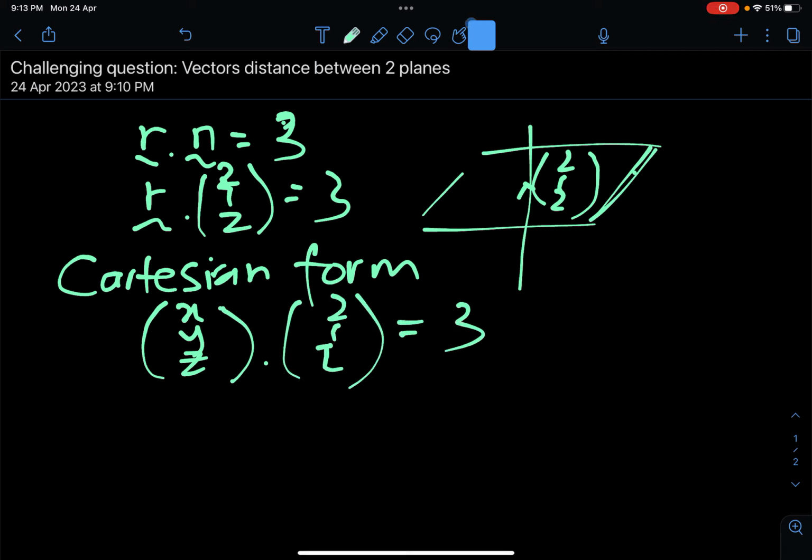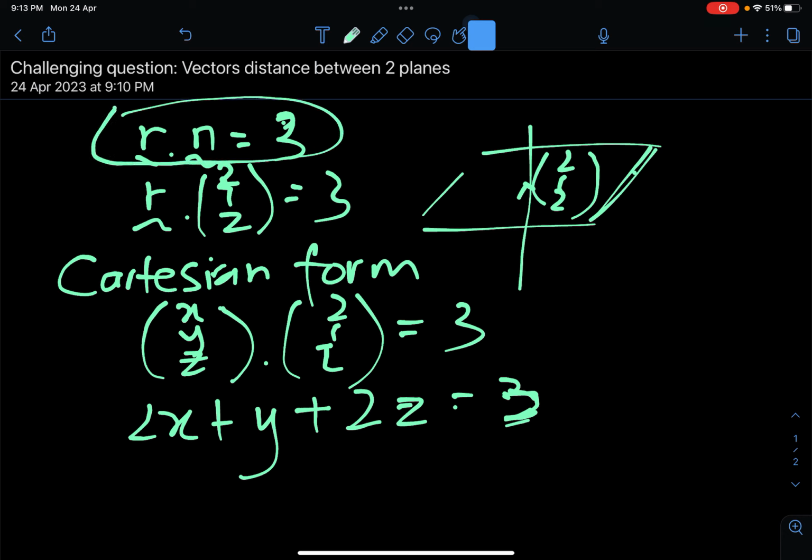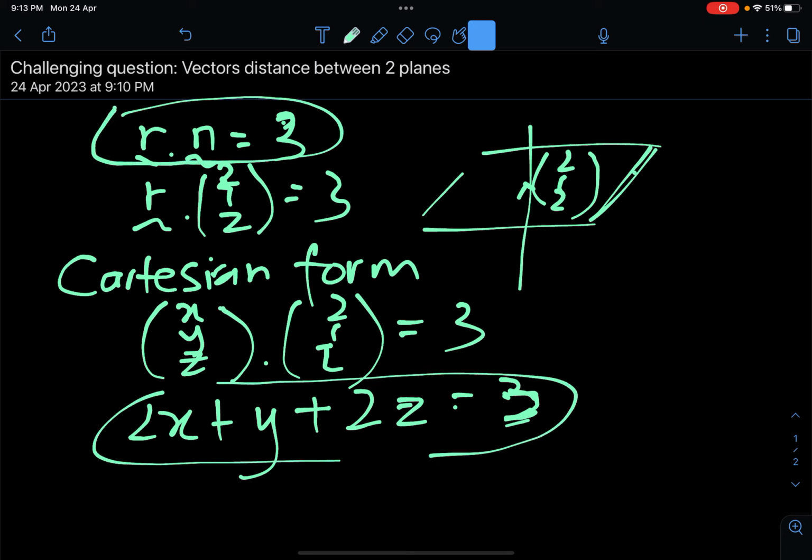So the Cartesian form of the vectors plane equation will be 2x plus y plus 2z equals 3. All right, so this is the R dot N form. This is the Cartesian form. That is the third format to express the equation of a plane.